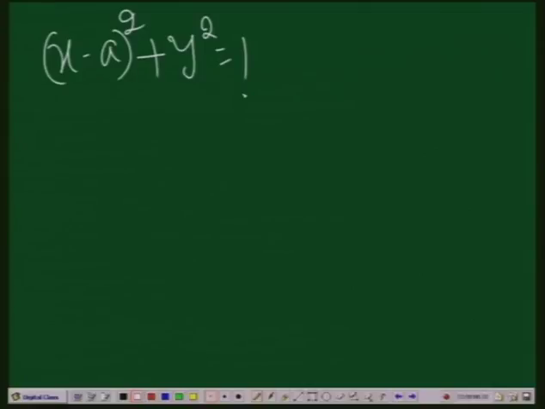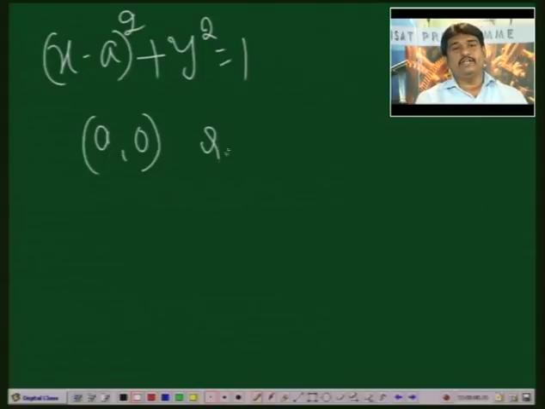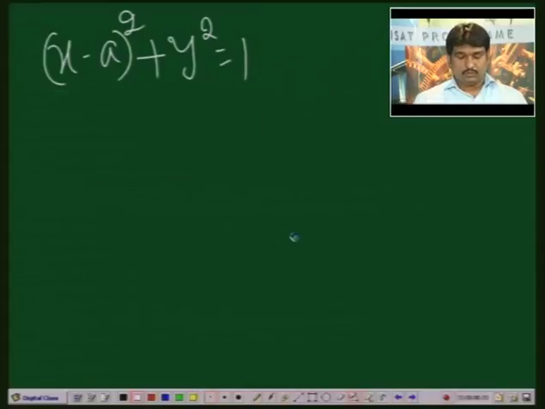What is this? It's a family of circles having centers on the x-axis, center is (a, 0) and radius is 1. It's a family of circles with centers on the x-axis. It's like this.